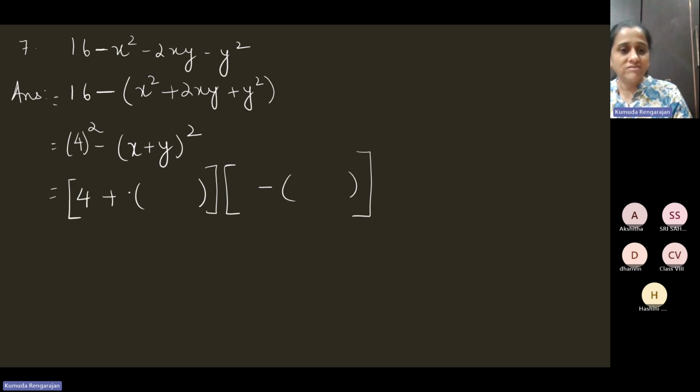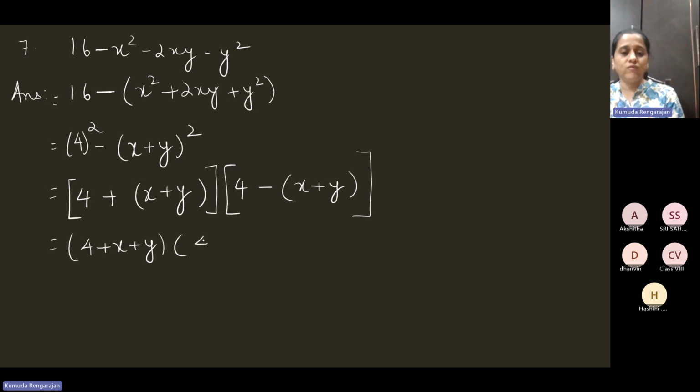A plus b into a minus b. A is 4, b is x plus y. Now it will be 4 plus x plus y into 4 minus x minus y.